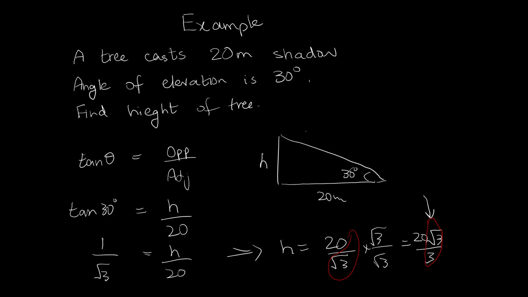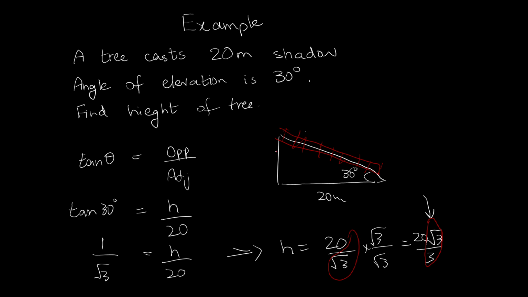So most examples have the same pattern, just that you need to use tangent for most distance and height-based problems. But you can also use sine and cosine for ladders or slanting surfaces. Let's say if this was a ladder from here to here, and you need the length of the ladder, you also need to include the hypotenuse, and hence you will do sine theta or cosine theta depending on which values you have.